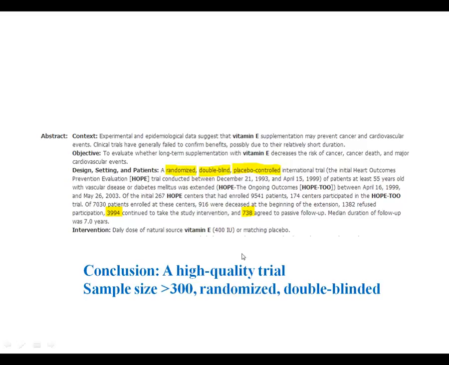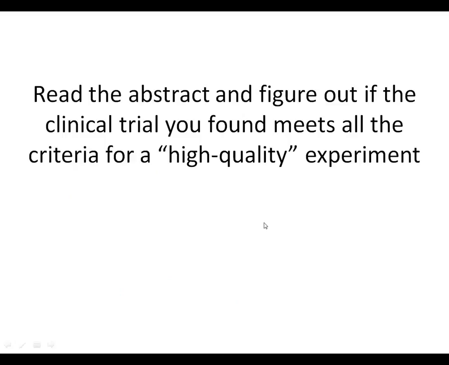So the conclusion is this particular trial is a high quality trial, and the numbers are big enough and the methods are good enough that the results can be relied on. So now what I'd like for you to do is to open up that abstract and figure out if the clinical trial that you are looking at right now is a high quality experiment.